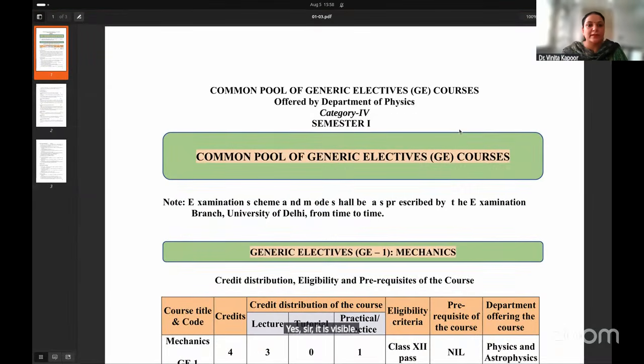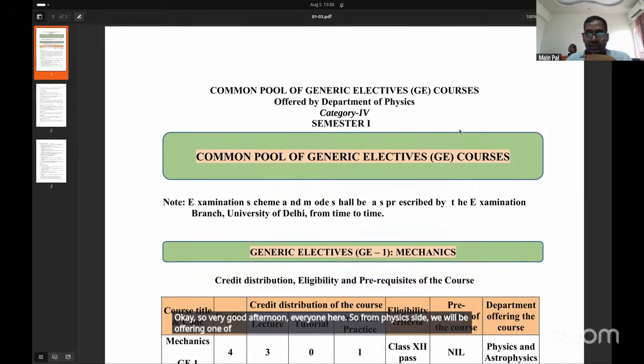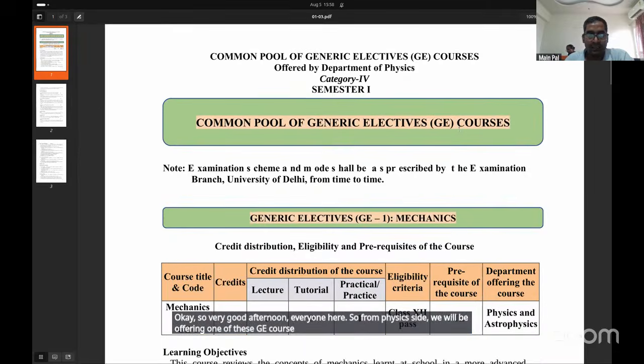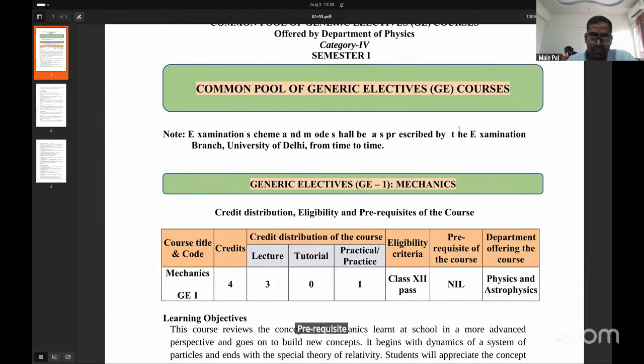Okay. Please go ahead. Very good afternoon, everyone here. From the physics side, we will be offering one GE course, mechanics, and in this mechanics course, there is no prerequisite eligibility for a student from another department. And in this course, we will be having 3 lectures and 1 practical lab.